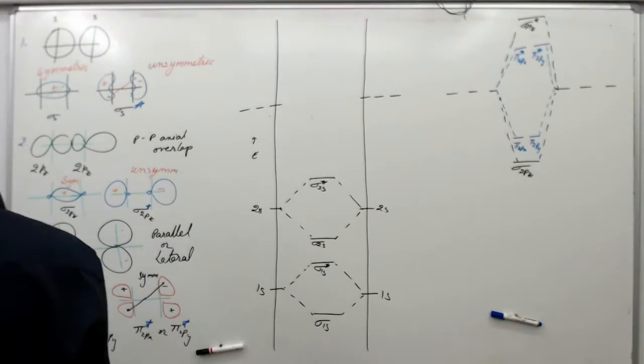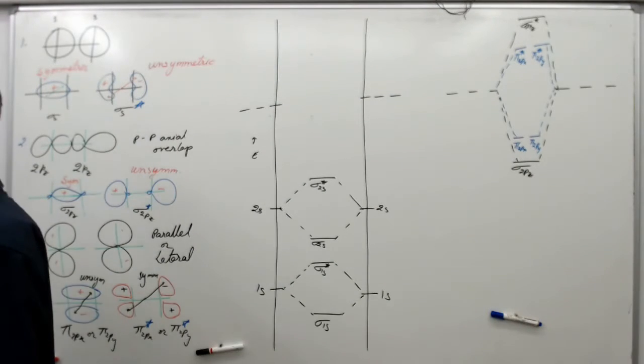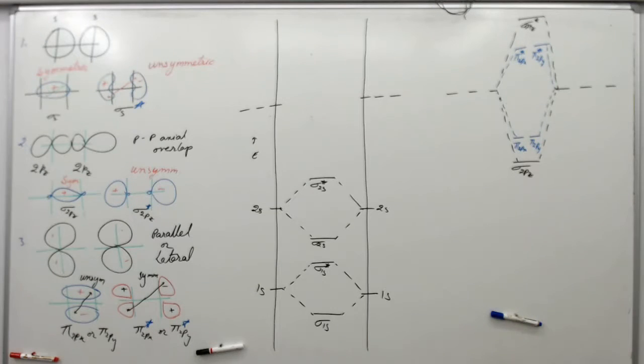Now, if the energy difference between them is not too large, there would be an overlap of the sigma 2s and sigma 2p orbitals.